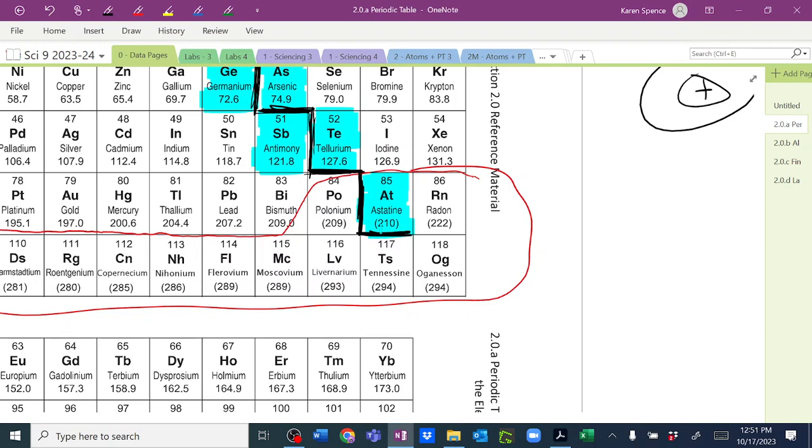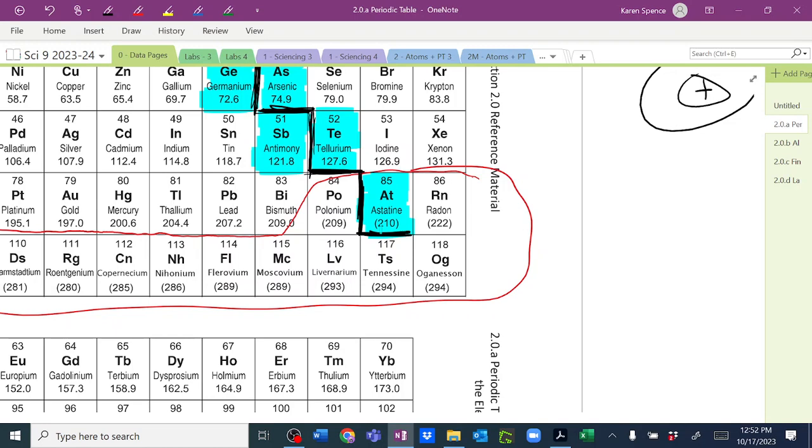So we cannot get enough sample of astatine to stay around long enough for us to look at its properties and decide, is it metallic, is it non-metallic, or is it a metalloid? If something only lasts for a second, how could you tell what its properties are? When we get to the very bottom of the periodic table, elements are radioactive and they tend to fall apart into simpler elements. And so it's really hard to tell what they are.